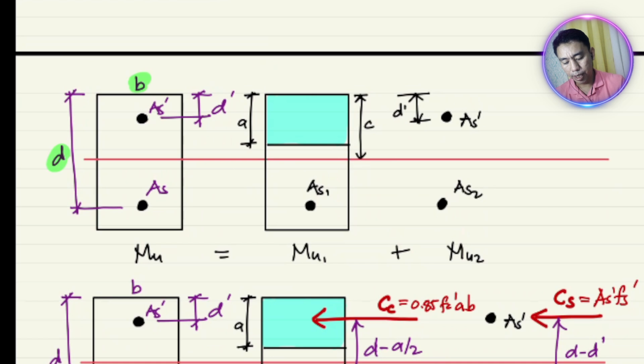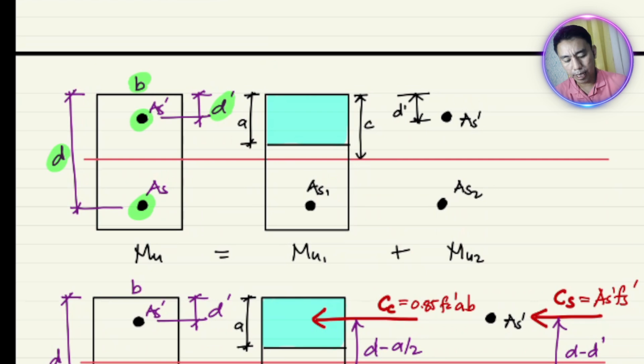And then we have this is total rebar already. So, we don't know how much dito yung As1 at saka how much yung As2. But we can say that this is the total area of rebar na nasa baba ng beam. And then As prime, ito yung compression steel. So, ang As prime is at the distance d prime. You can see there, d prime.